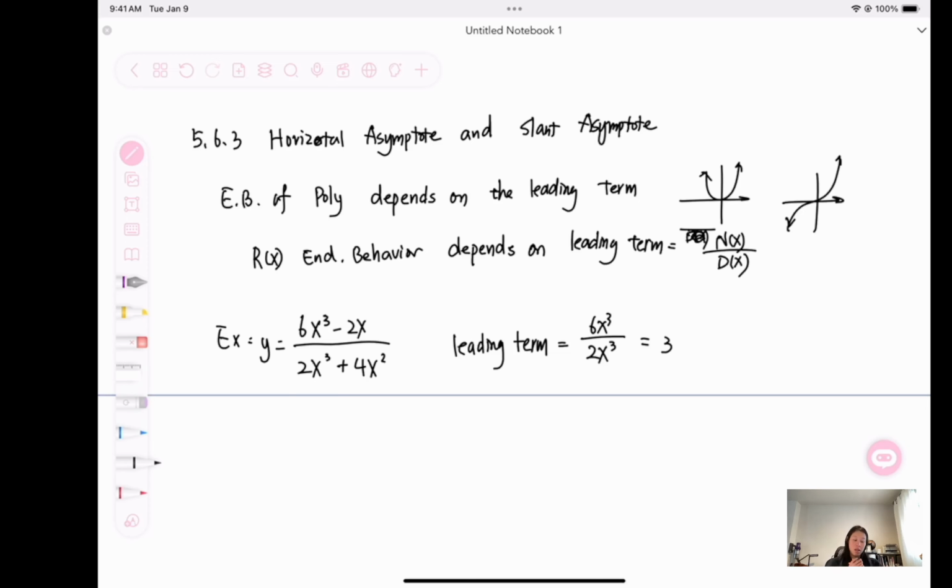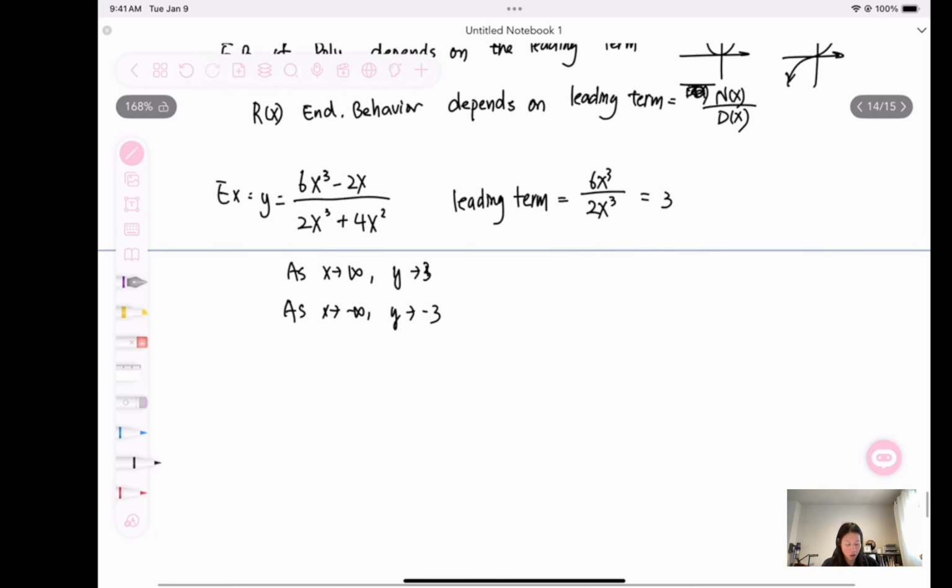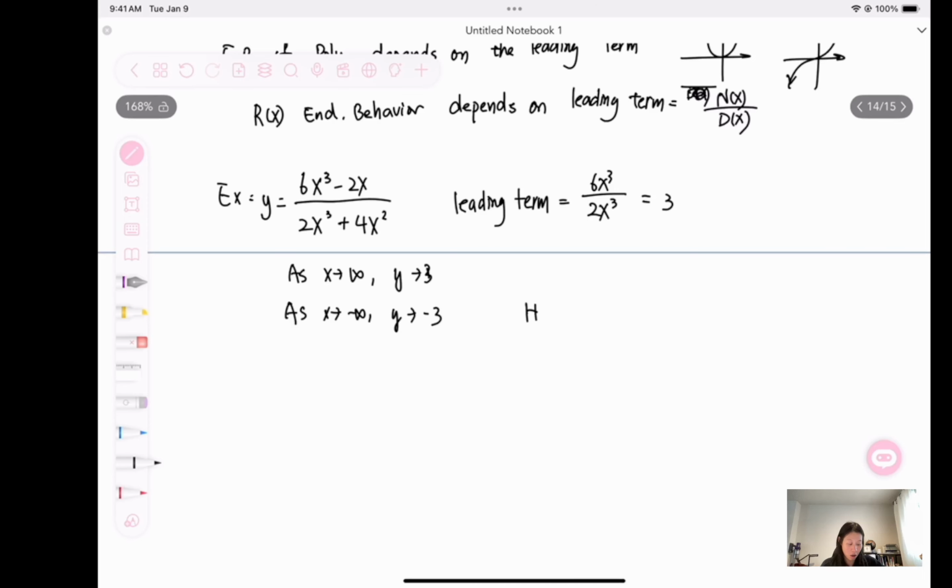So end behavior says that as x approaches positive infinity, y goes to 3. As x goes to negative infinity, y goes to 3. So that gives us a horizontal asymptote, y equals 3.